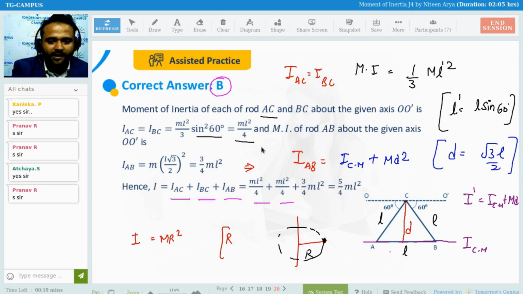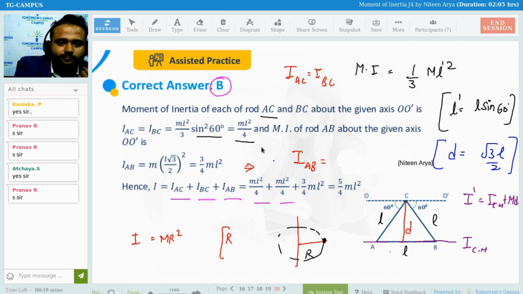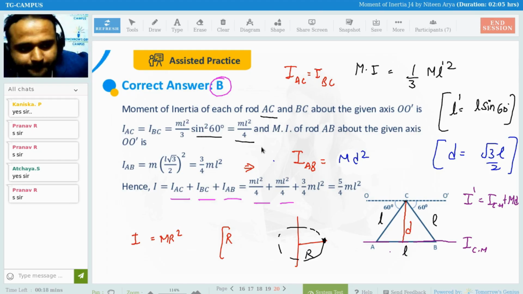The perpendicular distance from this axis is root 3 by 2 L. Because this is the perpendicular distance for the rod AB from this axis, I_AB is MD square, where D is root 3 L by 2, and put all together. Is this clear, everyone?